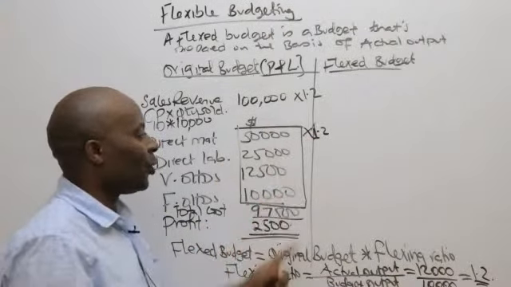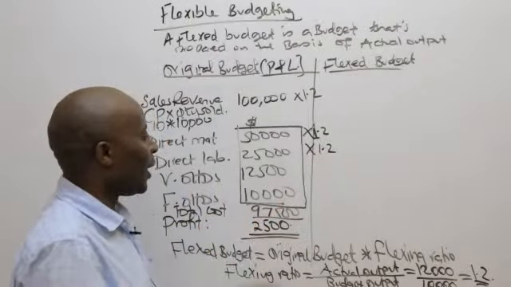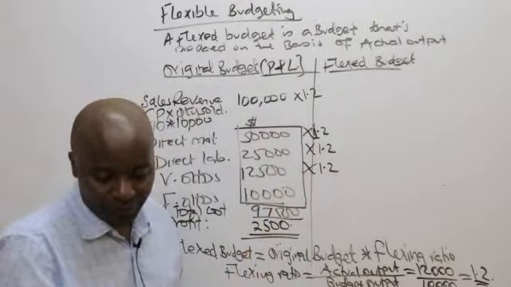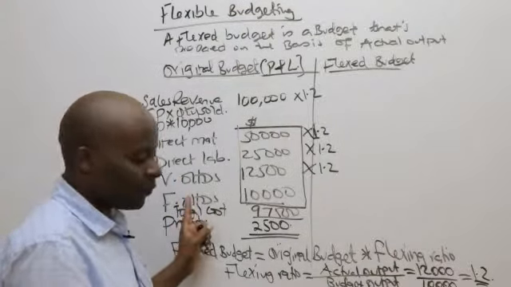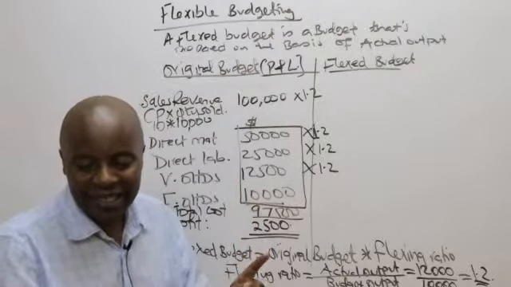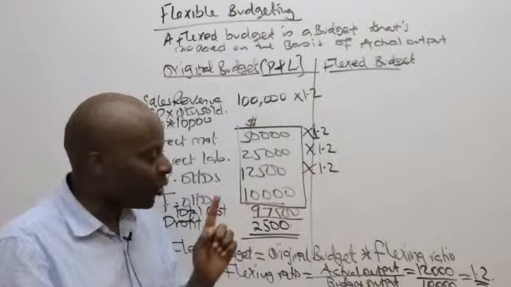Direct materials, we have to flex this one. Then we have variable overheads. We have to flex this one by multiplying it with 1.2. And ladies and gentlemen, lastly, we don't flex fixed costs. Fixed expenses are not flexible.